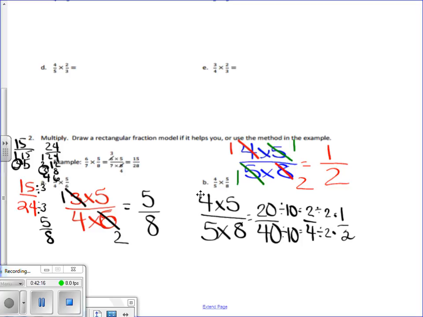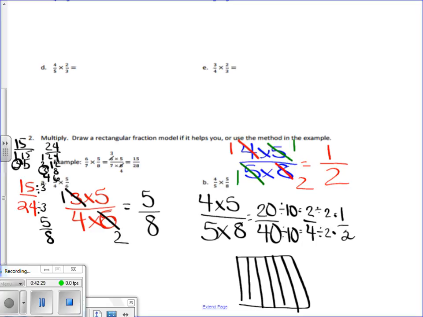Now, if you really are determined to draw a rectangular model, it needs to look like 1, 2, 3, 4, 5, 6, 7, 8. 5 of those. 4/5, so it's going to go 1, 2, 3, 4, 5 of those. And then you got to color in 4.